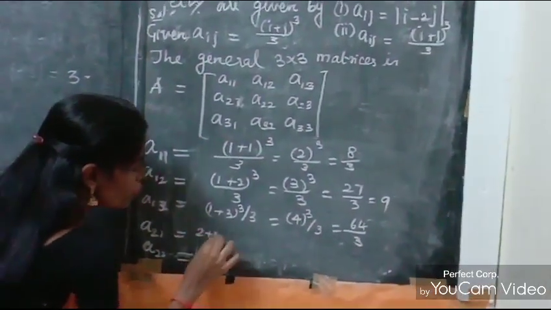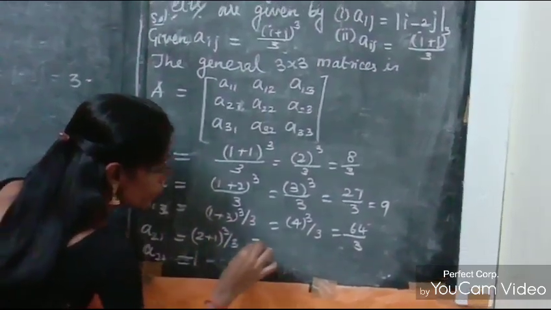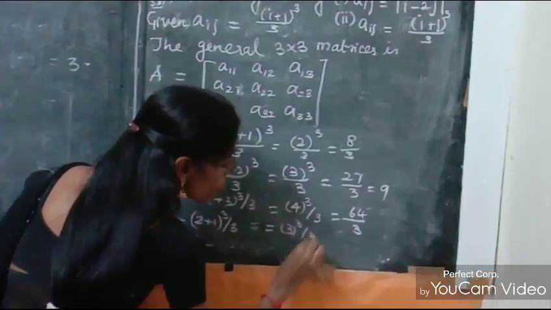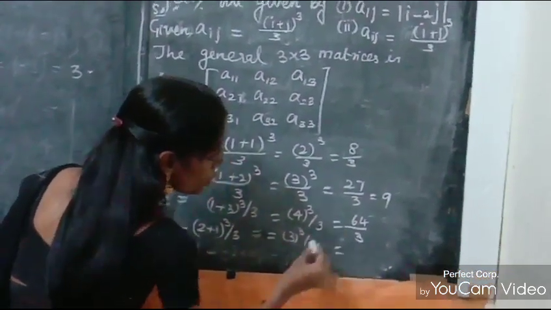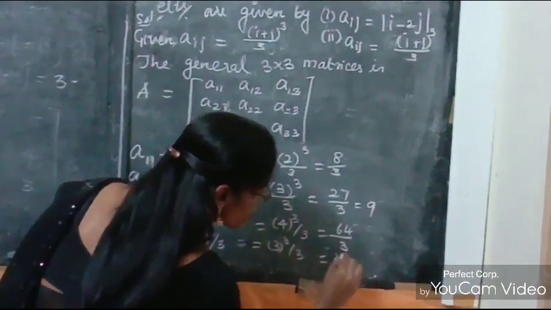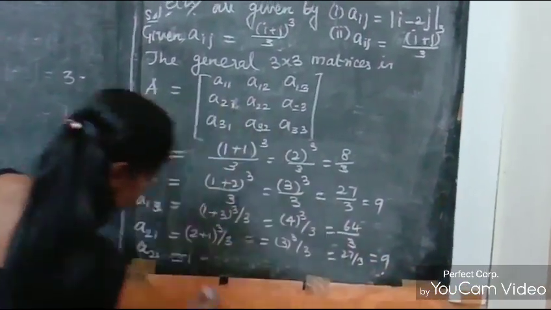A21. 2 plus 1 whole cube divided by 3. 3 cube divided by 3. 3 cube, 3 3s are 9, 9 3s are 27, by 3. The value is 9.